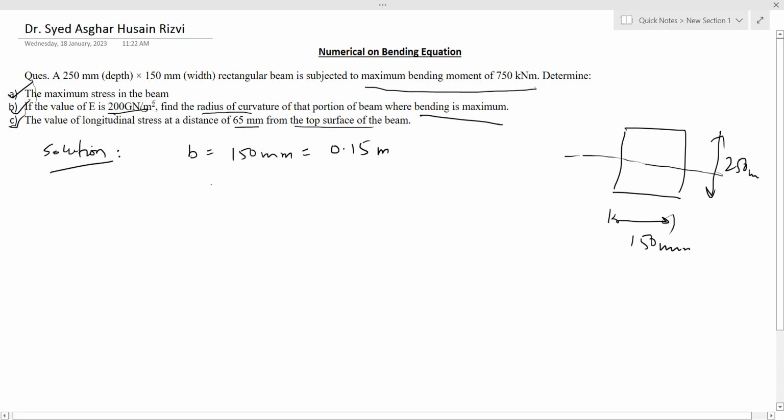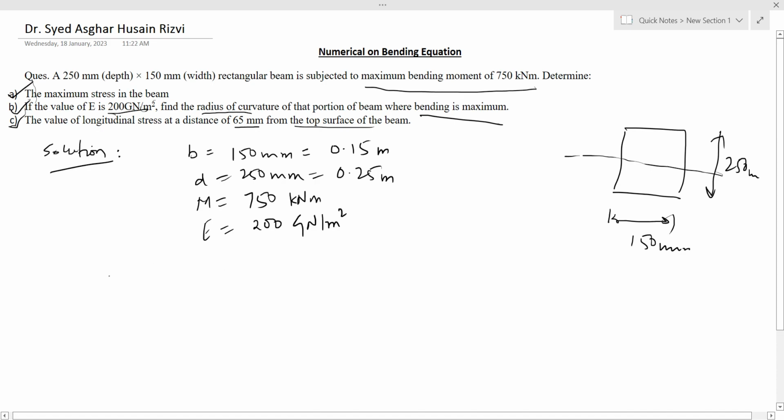The depth of the beam is 250 mm, that is 0.25 meter. The maximum bending moment for the beam is given as 750 kilonewton meter, and the Young's modulus E is 200 giganewton per meter square. These are the given parts.